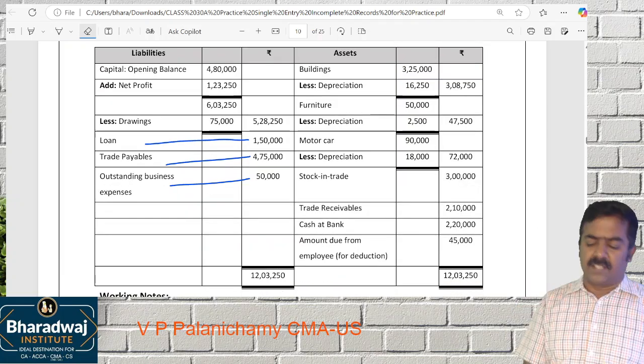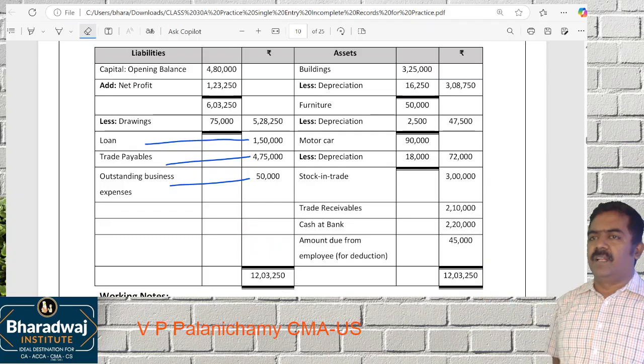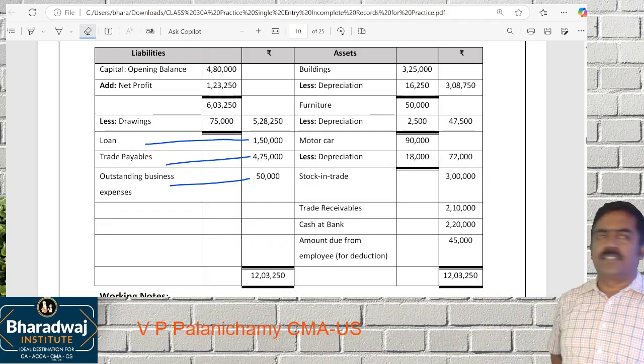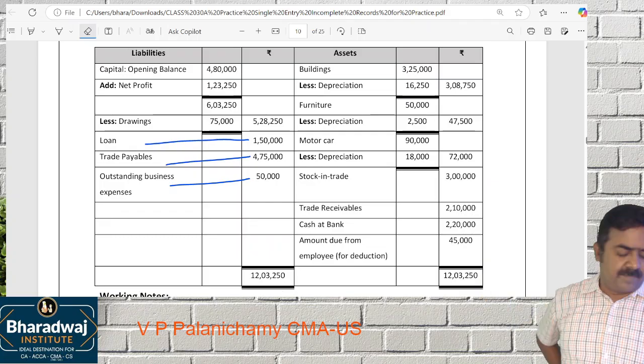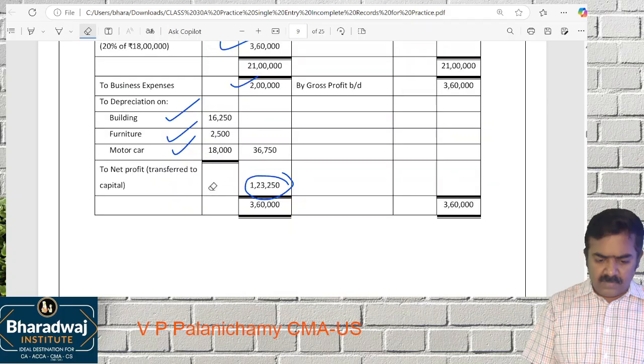Any doubt in whatever we have done so far? Any doubt in the main answer, the trading account? Charge business expenses, charge depreciation on assets, net profit we get. Without working notes, no mark will be given.